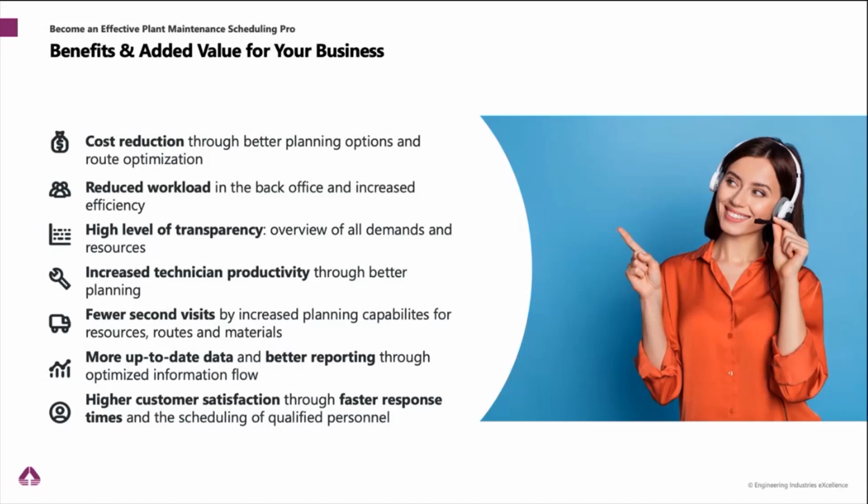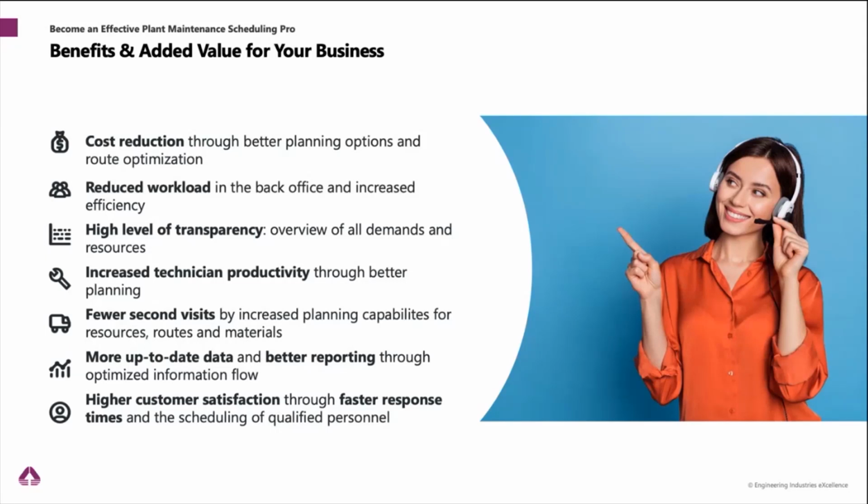It's also important to ensure that the technician has all information available, like material. We can include, for example, the material availability into the planning process, just to ensure that all needed materials are available, they are prepared for the technician, and we can be sure that he has everything in place to do the job.